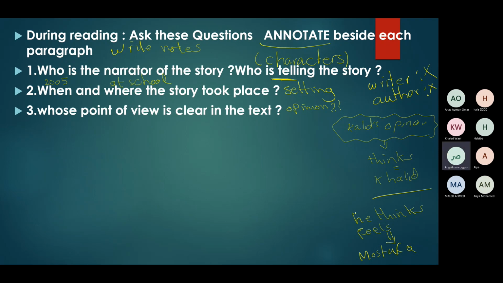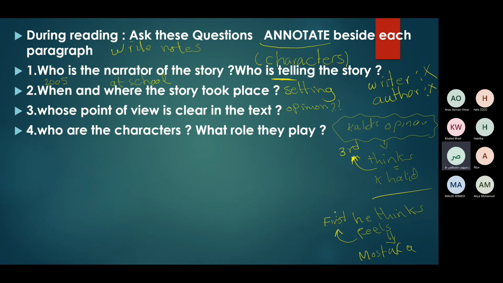But for simple texts, it's mainly one point of view. For Khalid's opinion, if I'm talking about other people's opinions, the point of view is third person. If the point of view is personal, I'm talking about my own experience, so this is first person point of view. We'll see now in the current text how we use the right point of view.